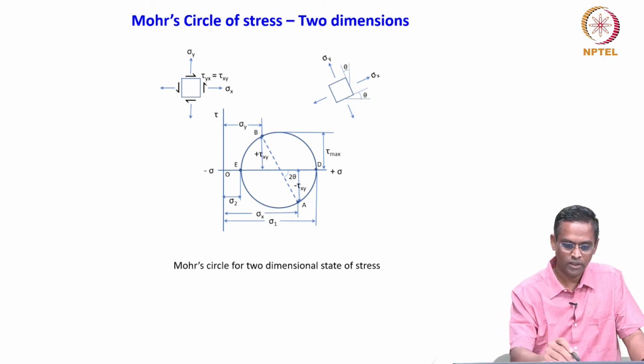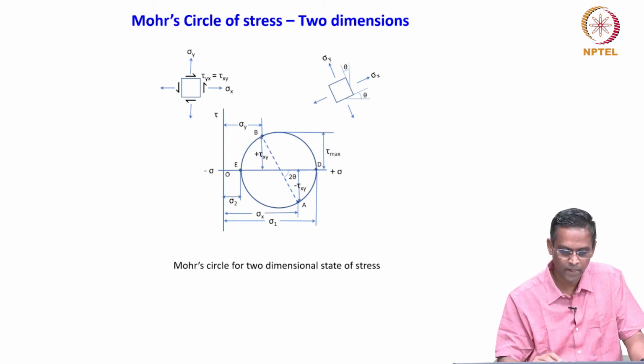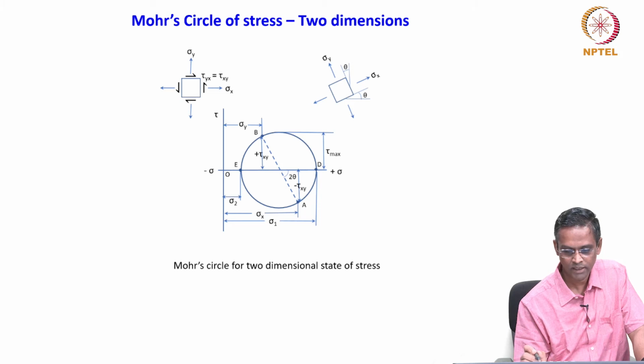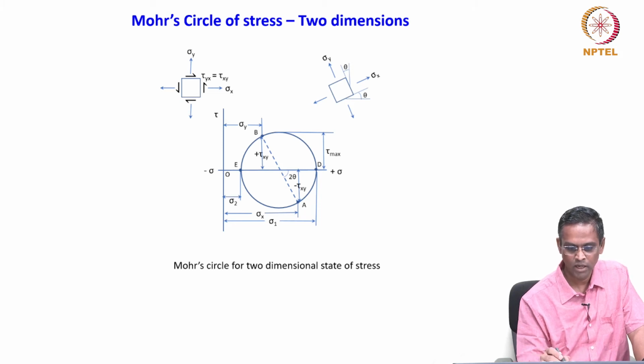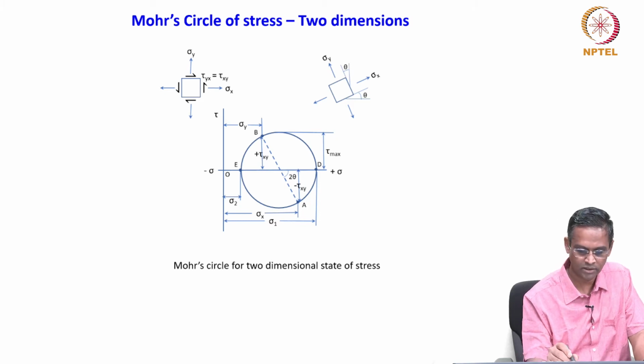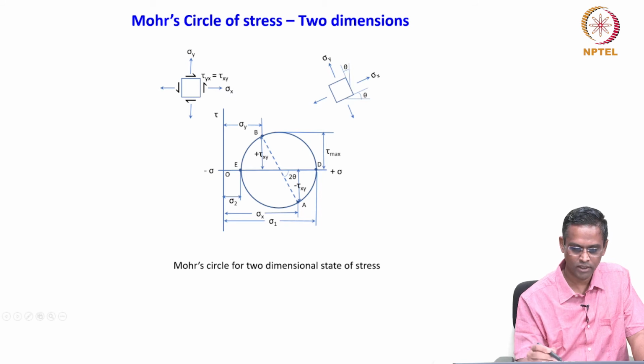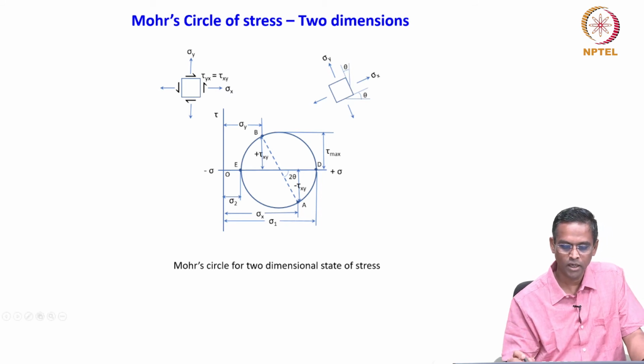So, for this situation, the Mohr circle is drawn here. What is involved in drawing this Mohr circle? The x-axis is the principal normal stress, and the y-axis is the shear stress. Okay. So, that is the axis labeling. This is positive and this is negative, and this is positive and this is negative.